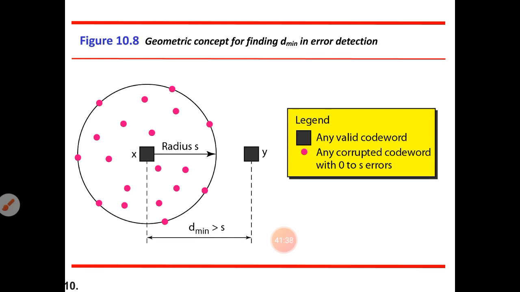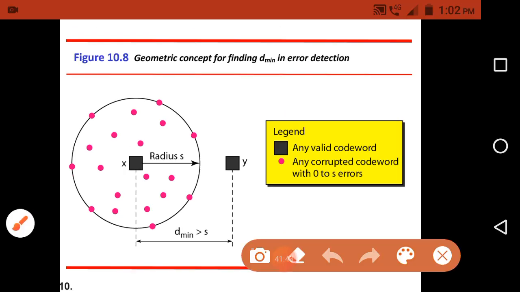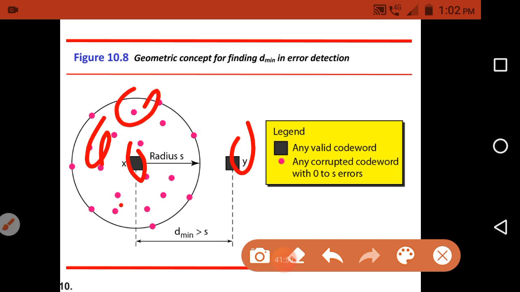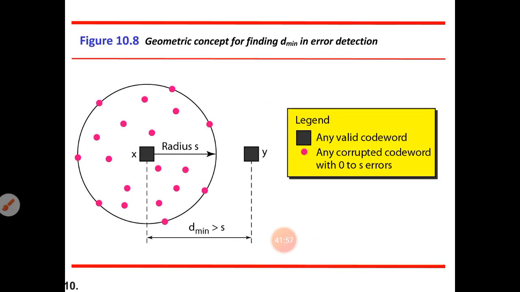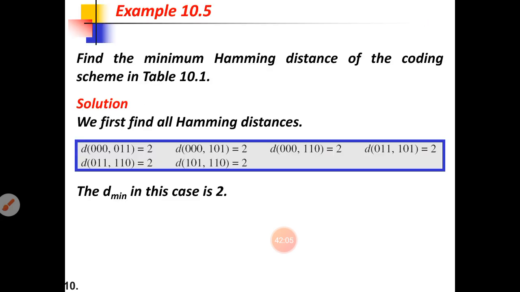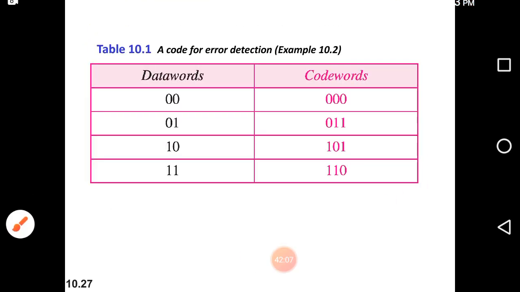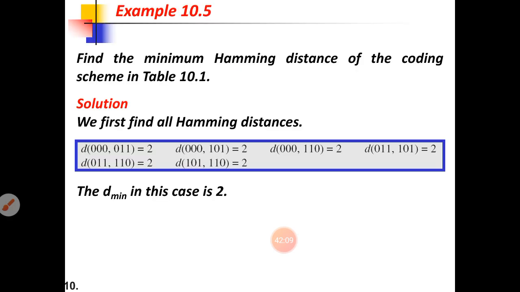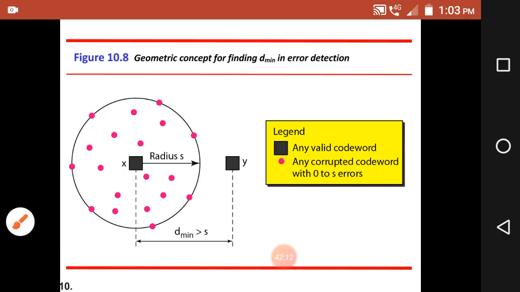This is the geometrical representation of the minimum Hamming distance. Whatever these boxes are, these are the valid code words, and whatever these points are, we call these invalid code words.